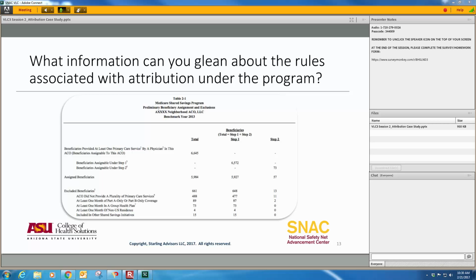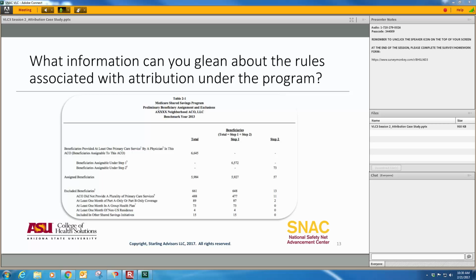So if you look at this first table 2.1, what it's showing you is a two-step process, and we went into a little bit of detail on this in the first lecture. The first number under total was the total number of Medicare beneficiaries who had at least one eligible visit to the organization in the previous 3 years.